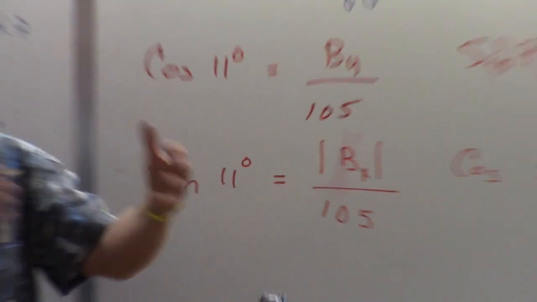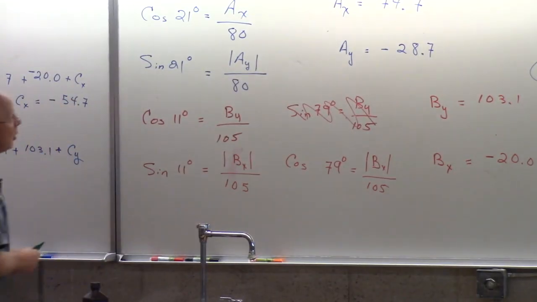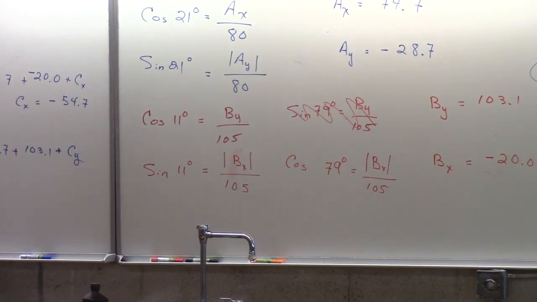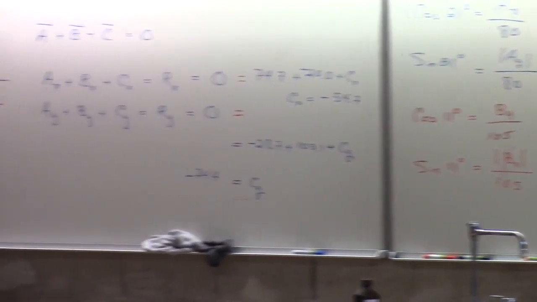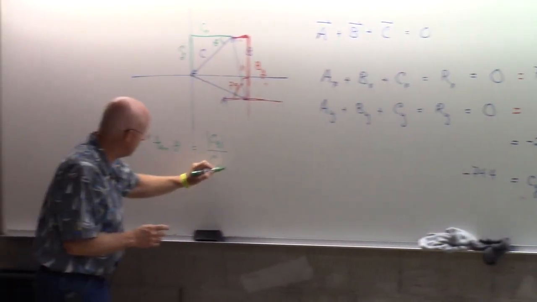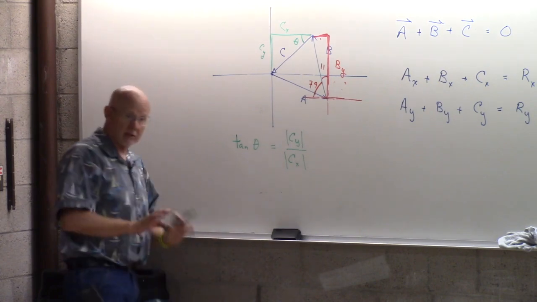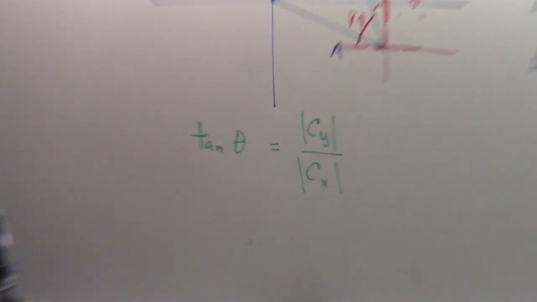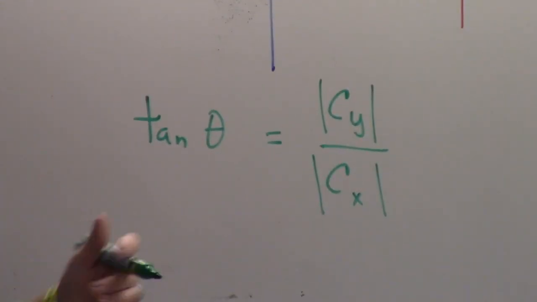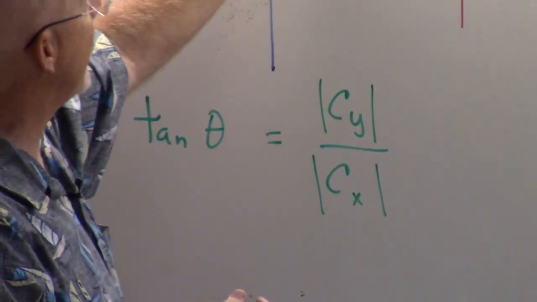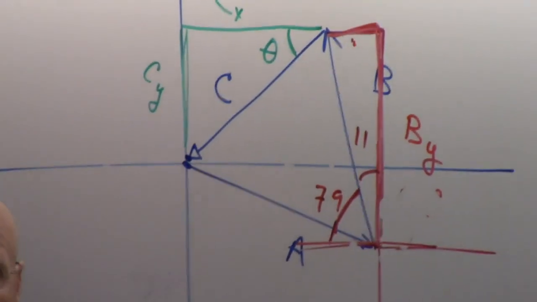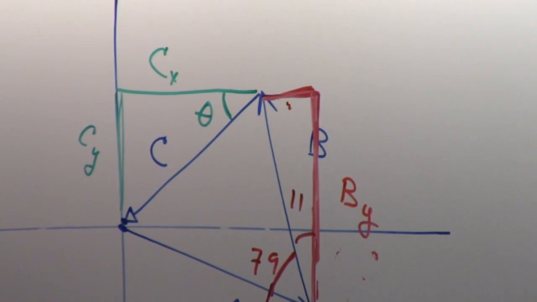How long are they? Because if you remember, we got a negative value for cx and a negative value for cy. But I'm just going to, in my mind, think of this in terms of absolute values. That way when I do the inverse trig function, I get that angle, and I don't have to worry about the pluses or the minuses associated with the trig functions.